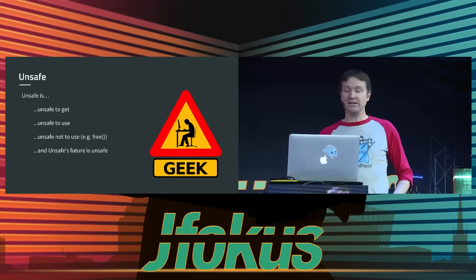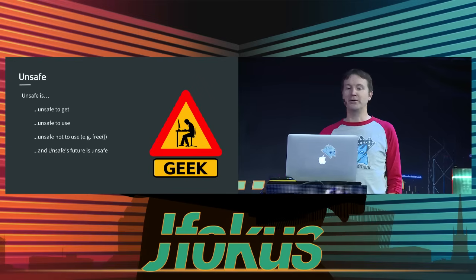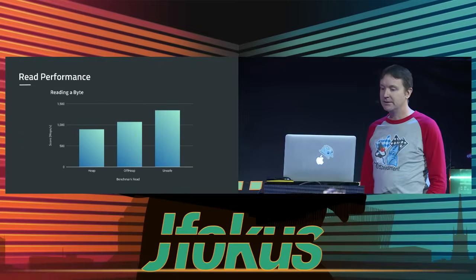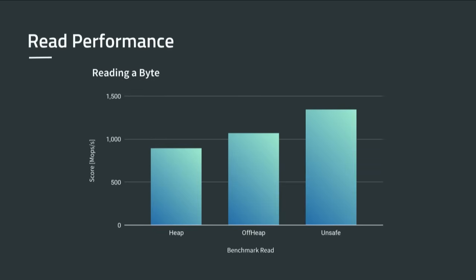So this is kind of geek territory. If you use Unsafe, make sure you wrap it in something. If we look at the performance, off-heap is better than heap memory because it's less protection. And Unsafe is the fastest, but then you have no safety. So I think off-heap in the middle there, ByteBuffer is a good compromise.